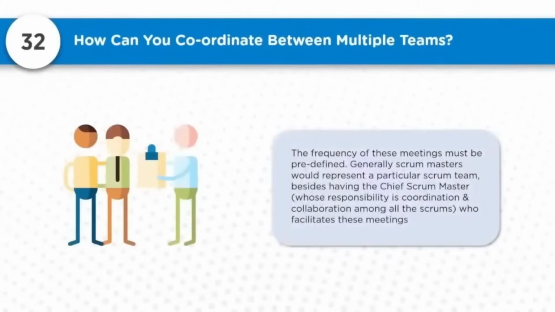The frequency of these meetings must be predefined and well articulated. Generally, the Scrum Master would represent the particular Scrum team. On behalf of that Scrum team, they would go and represent it in the meeting. Besides that, there is a Chief Scrum Master, whose responsibility is coordination and collaboration among all Scrums, and who facilitates these meetings.